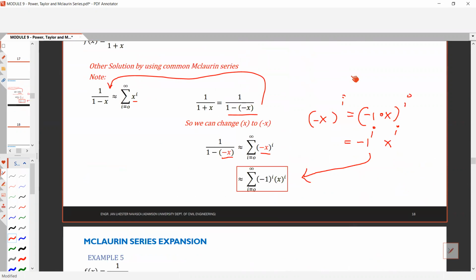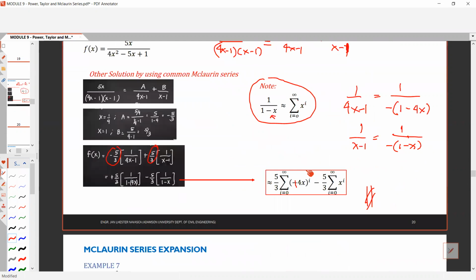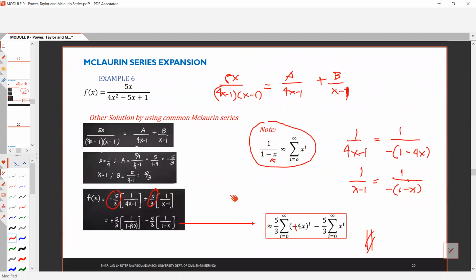Pati, asan ba yung typo ko? Wala. Ayan. So that is Maclaurin series. So you will use partial fraction expansion to your original function para mas madali mong makita kung paano mo siya i-convert into a common Maclaurin series.